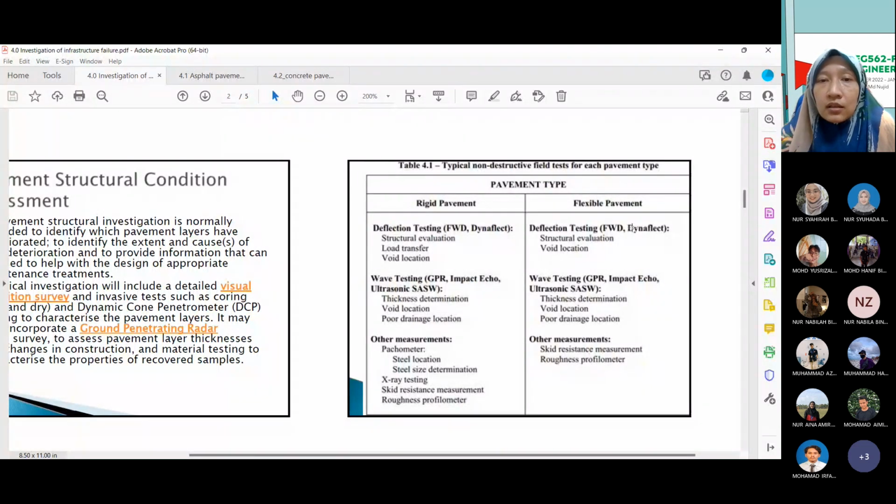So these are the tests that can be carried out on site. For example, deflection testing. We also can have wave testing, or X-ray testing, skid resistance measurement, roughness profilometer. Okay, have you heard or have you experienced performing the skid resistance measurement?